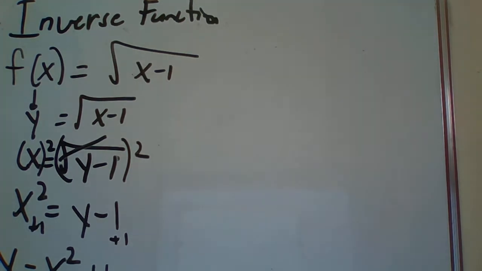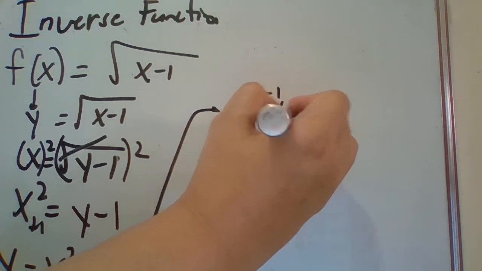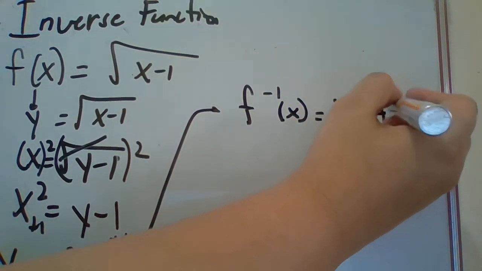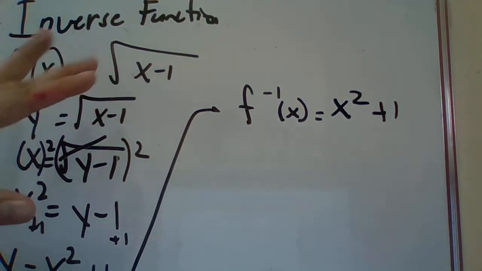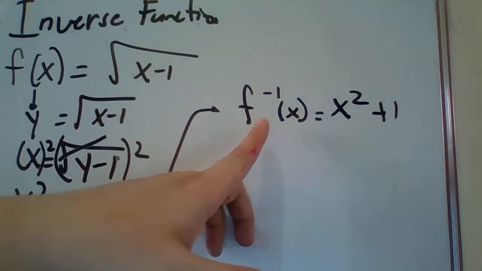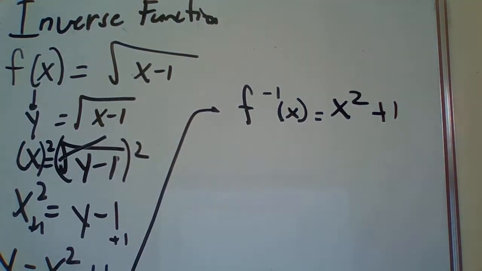And then, after that, we replace the y with f inverse of x equals x squared plus 1. So, the inverse of f of x equals square root of x minus 1 is f inverse of x equals x squared plus 1. So, that's written.